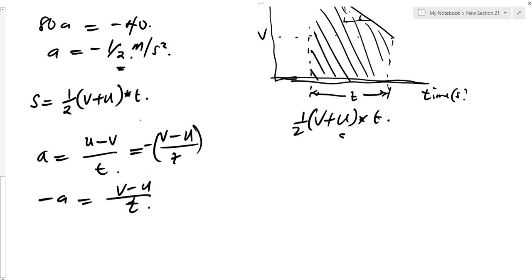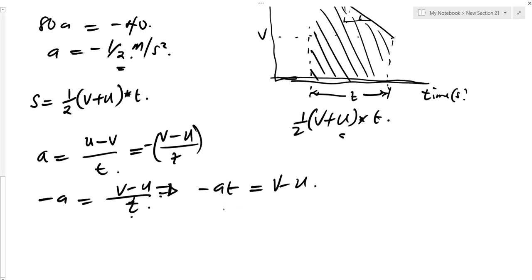Let me now solve for t. This implies that minus at is equal to v minus u.